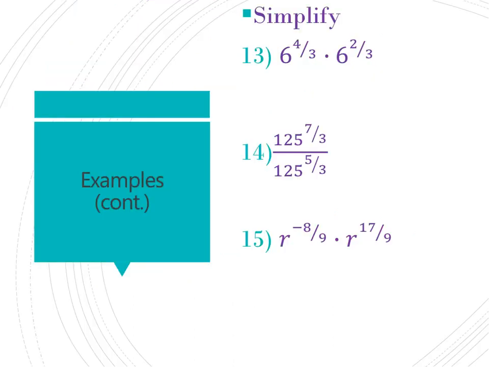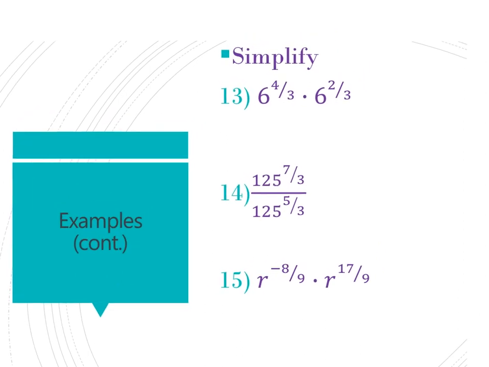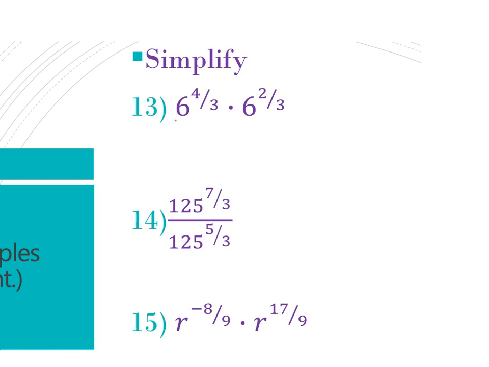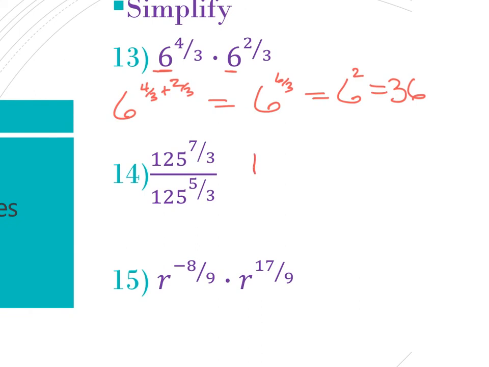Some more examples. Back to what we learned yesterday on Thursday. When you have the same base and you're multiplying, we will add the exponents. So 4/3 plus 2/3 is 6 to the 6/3 power, which is 6 squared, which is 36. Same thing on this one, 125, same base. We're dividing this time.